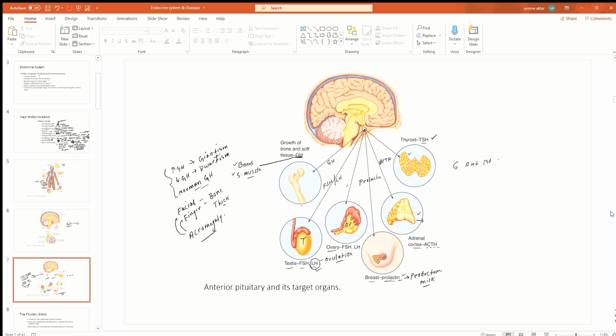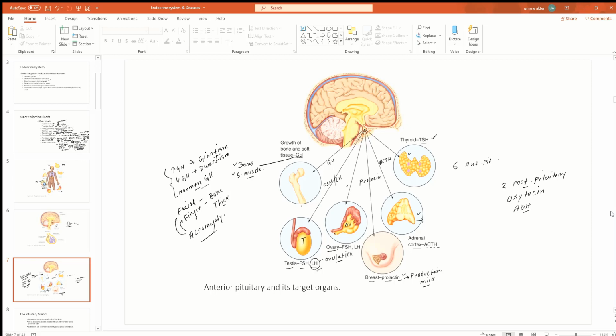Then you have 2 hormones from the posterior pituitary. One is called oxytocin and another is called antidiuretic hormone, or ADH.